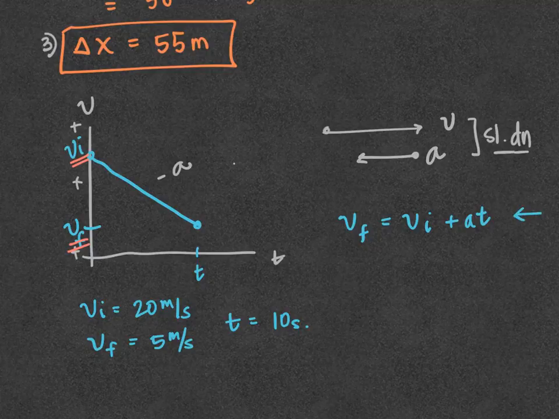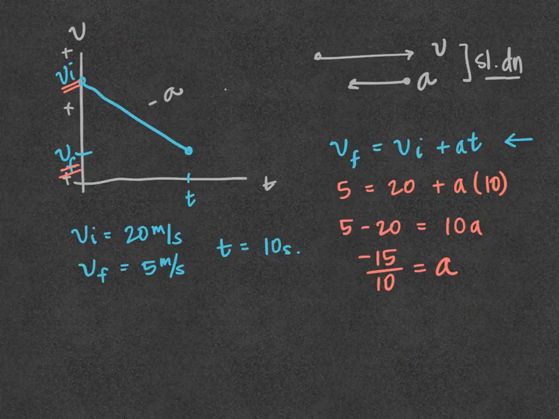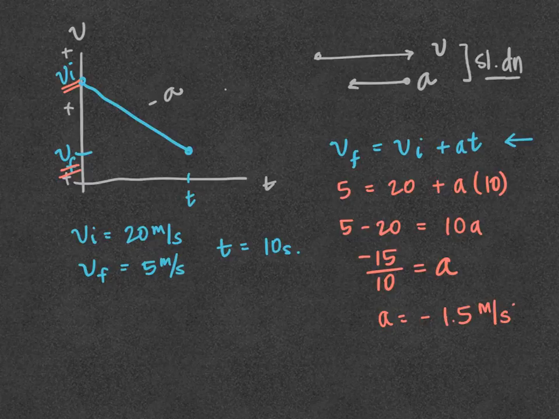So using the equation, I would substitute my final velocity of 5, my initial velocity of 20, a is unknown, but time is 10 seconds. So doing our algebra, 5 minus 20 is equal to 10a. So negative 15 divided by 10 on both sides gives me the acceleration. So in this case, my acceleration would be negative 1.5 meters per second squared.